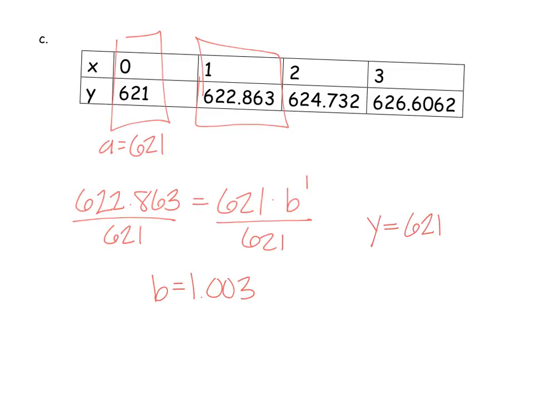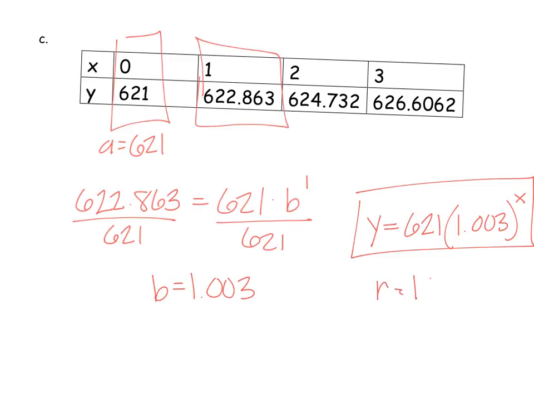So I put my a times my 1.003 to the x, so this is my equation. But now I want to find my rate. How much bigger is it getting? Well, I'll do the equation so I can help you out here. Sorry, it'd be helpful if I did the right equation.